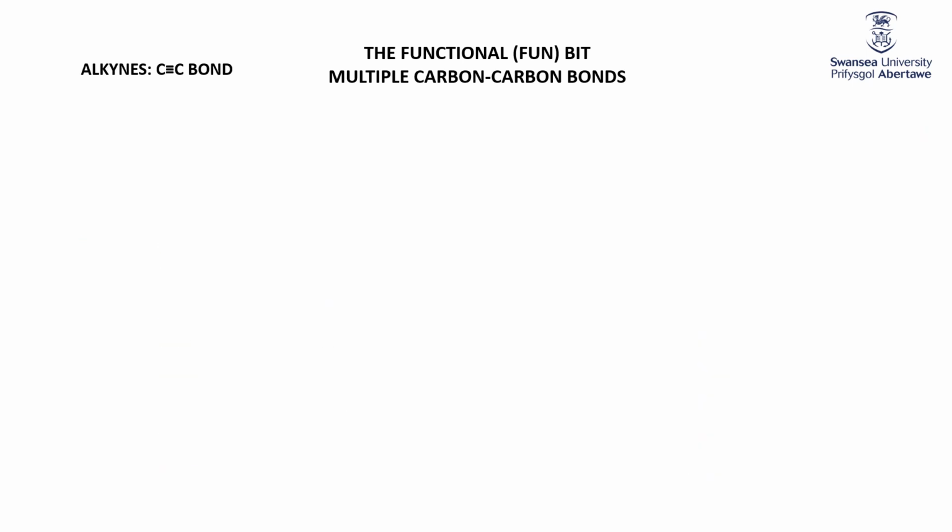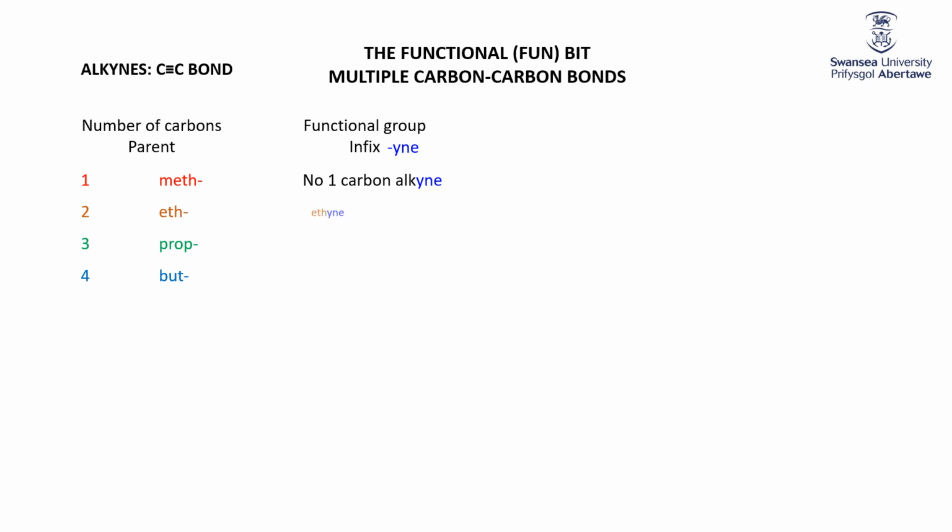Now, depending upon which A-level board you did, you might or might not have encountered alkynes with a carbon-carbon triple bond. Very much the same idea though. Right, again, the infix changes because now we've got a triple bond, so it would be yne instead of ene for the double bond, or ane for no extra bonds at all.